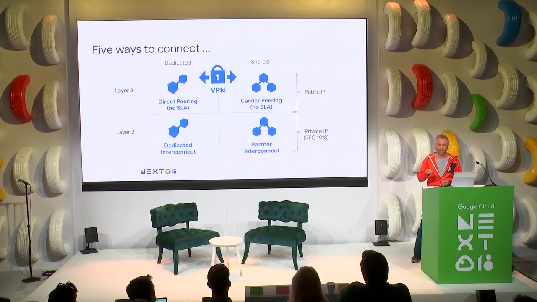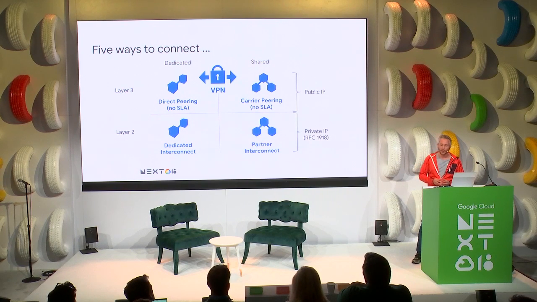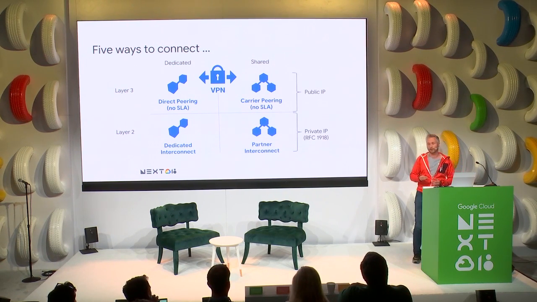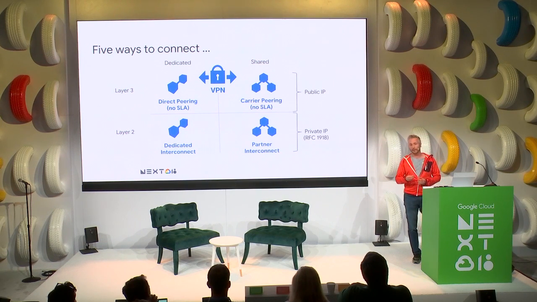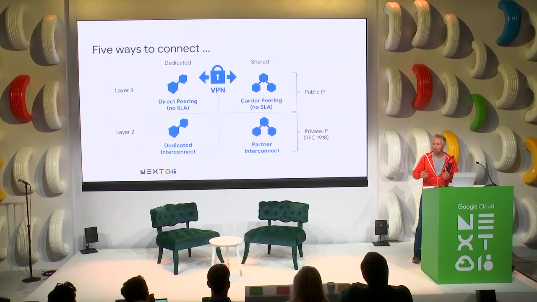If you want to connect via private IP and want to have an SLA, then you have either dedicated interconnect or partner interconnect. Dedicated interconnect provides you with 10 gigabits per second per link. Partner interconnect provides you with a range of 50 megabits per second to 10 gigabits per second per link.